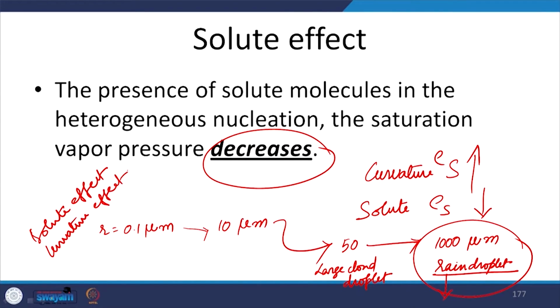Now, let us try to combine these two effects and see mathematically what the relevance is, that is, how the overall saturation vapor pressure changes with respect to a plane surface or curved surface, and in the presence of solute and in the absence of solute.